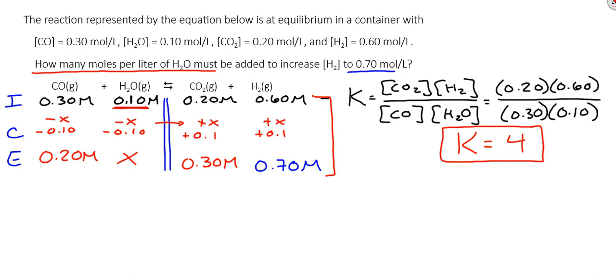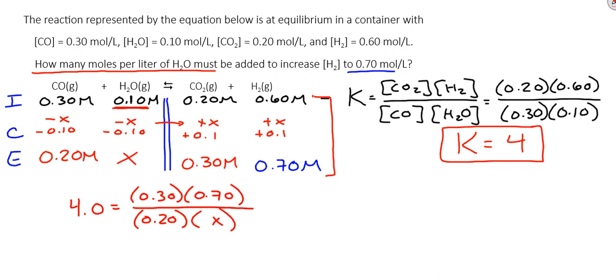So we're going to plug it in to the equilibrium expression. So give it a shot, solve for X, see what you get on this.